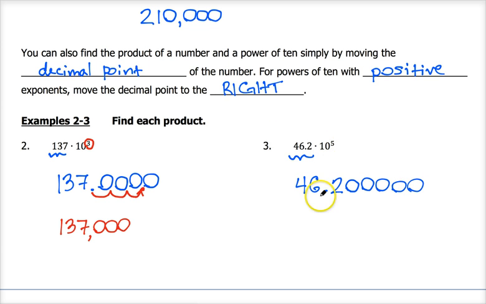So now I'm going to move my decimal point 5 places to the right because my exponent is a 5. So that's 1, 2, 3, 4, 5, and now my decimal point will go here to the right of this fourth 0. So my new number is 462, and then I have 4 zeros, and this is actually the number 4,620,000.